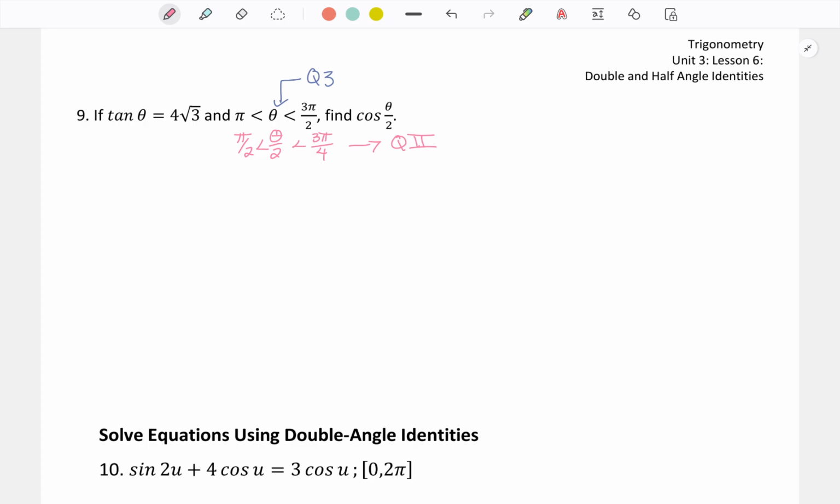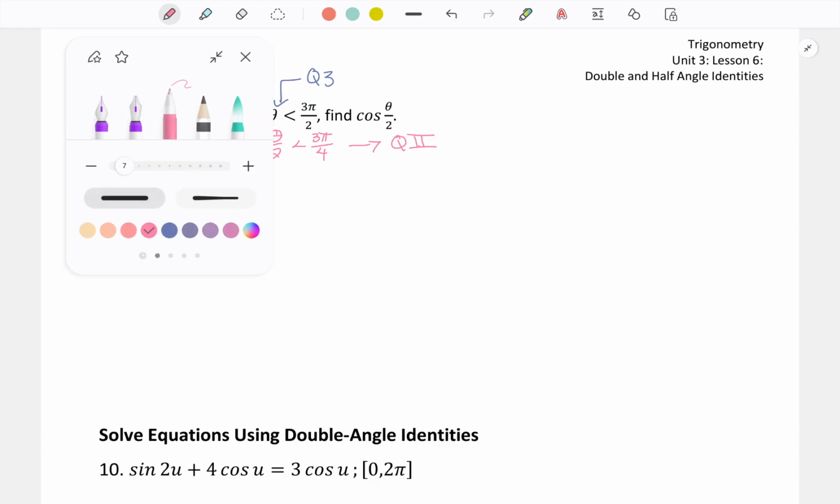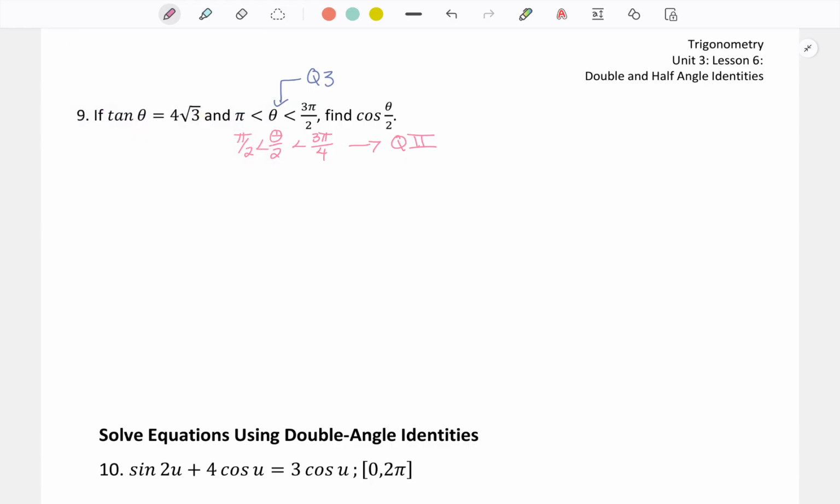So now we have the tangent of 4 square roots of 3. And we need the cosine of theta over 2. So we have, of course, only one identity that's going to work for that. And we're in quadrant 2, so we know that this one actually is going to be negative when we're done.